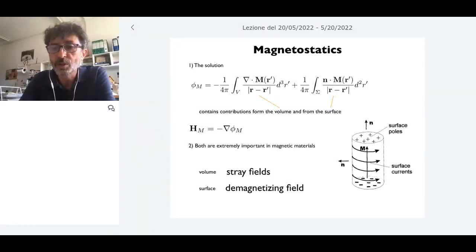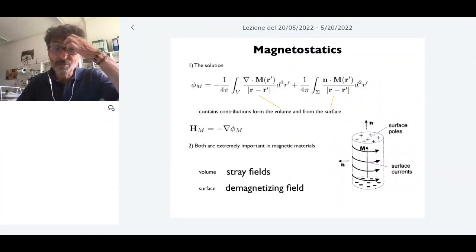If this field is always present, then every time we make a measurement or design an apparatus, we have to remember that the field which is acting on the magnetic material is not only the field that we can apply externally, but is always the sum of the so-called applied or external field and the demagnetizing field, which is always pointing in the opposite direction to the magnetization.